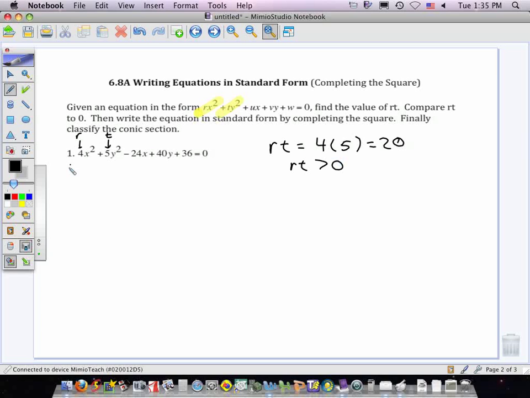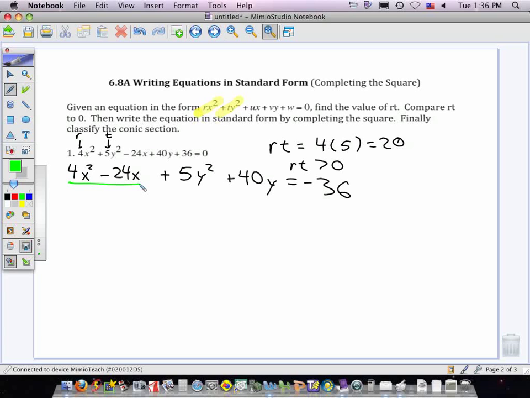So what we're going to do is basically get the x terms by each other, the y terms by each other, and the constant over on the other side. So now we're looking at it, and I'm going to focus in on this part first: 4x squared minus 24x.